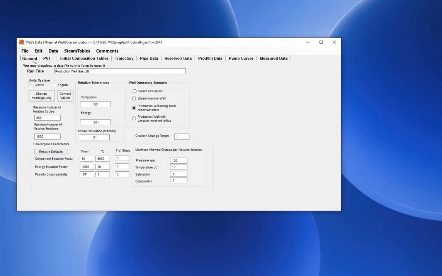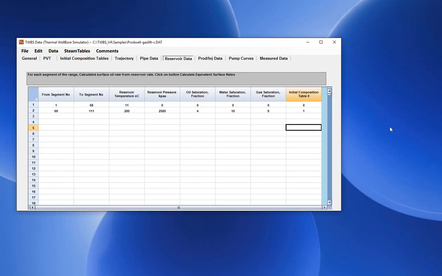If you look at the case of a production well with variable reservoir influx, the columns would be the 2 segment numbers, reservoir temperature, reservoir pressure, and now the oil saturation, water saturation, gas saturation, and composition tables. And now we must have a number that is a fraction, which can normally say is 0.8.